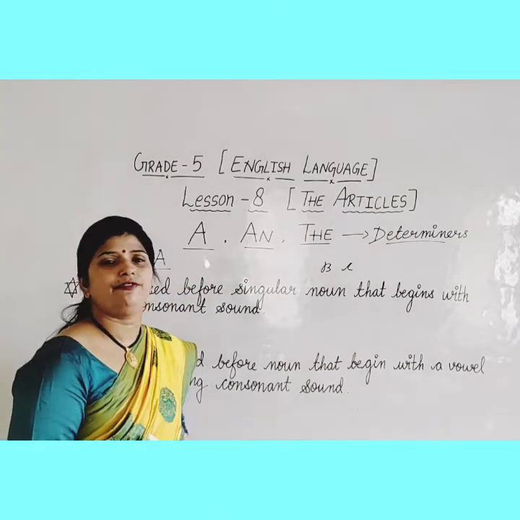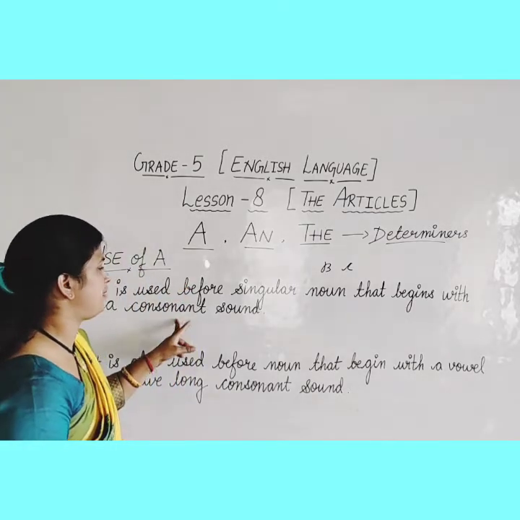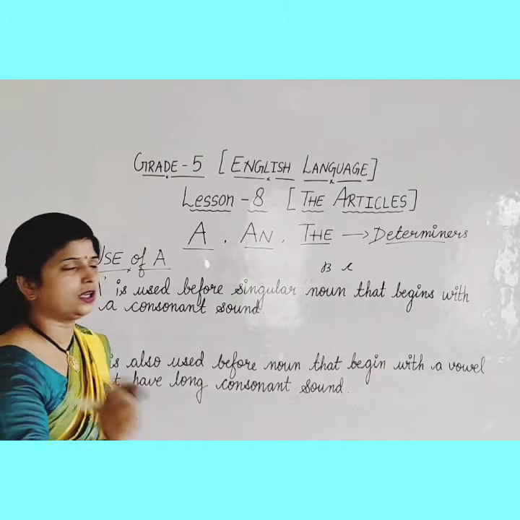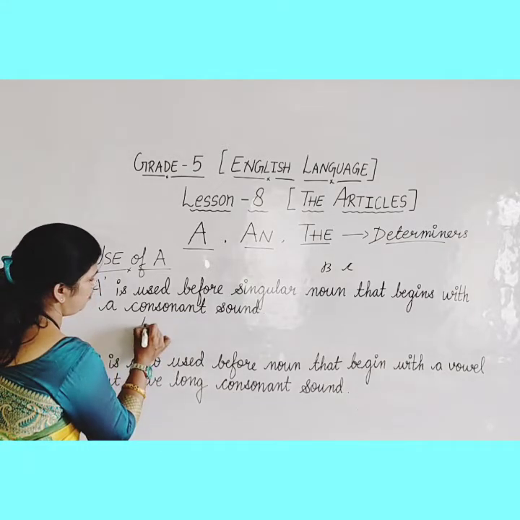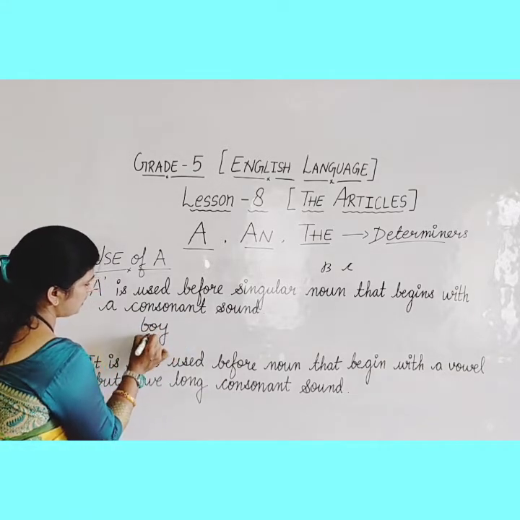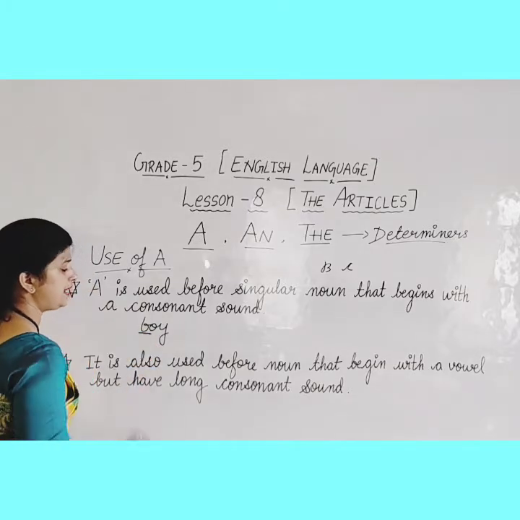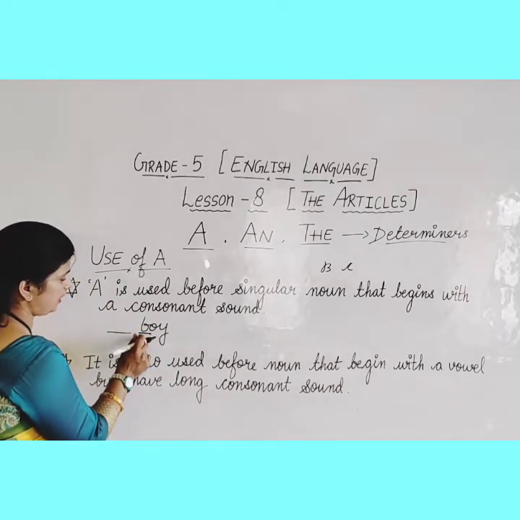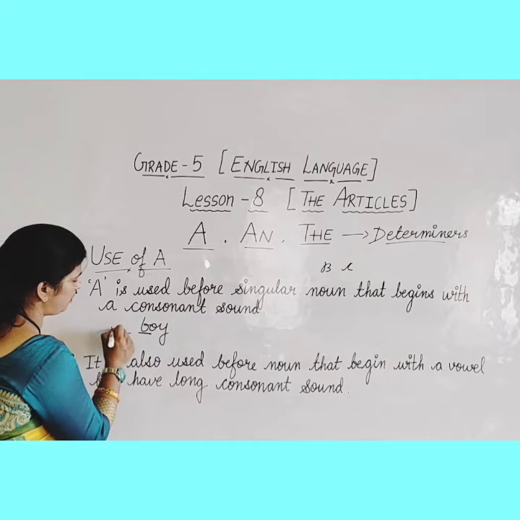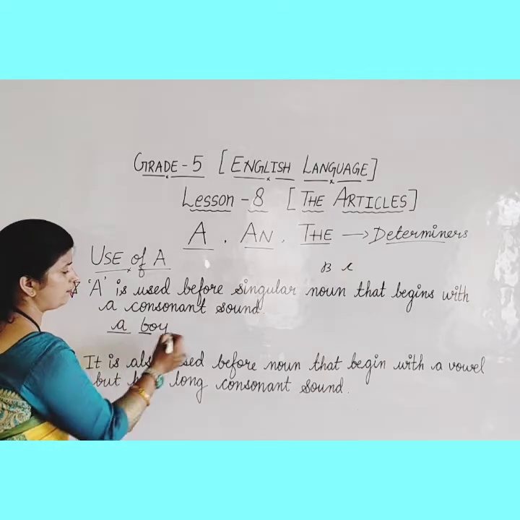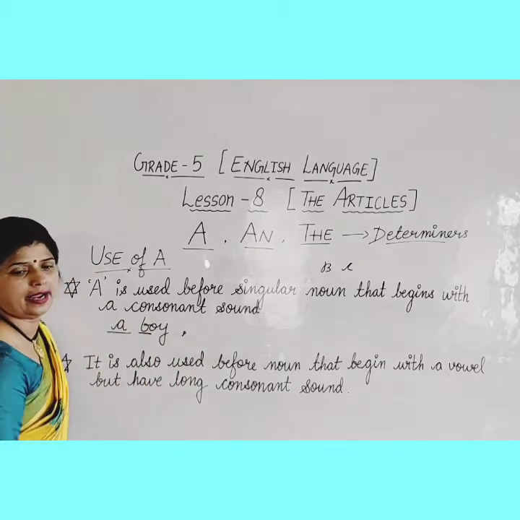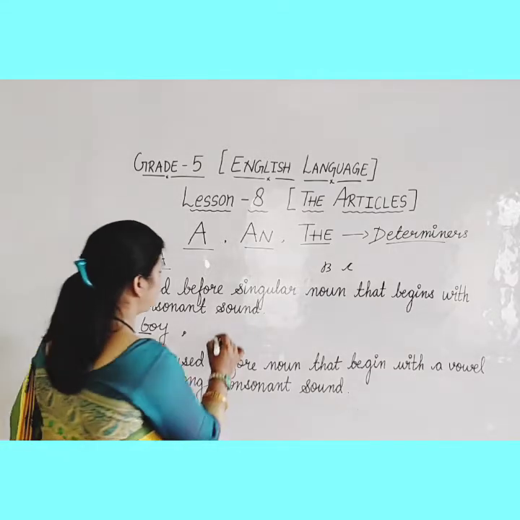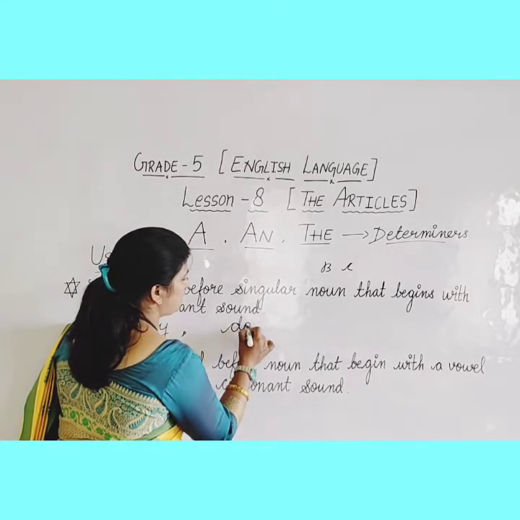Okay. For example, my dear student, suppose a boy is given, boy. So you can see in the starting B is there. So in front of the B, what will we write? A boy. If I say dog, so what will you say?